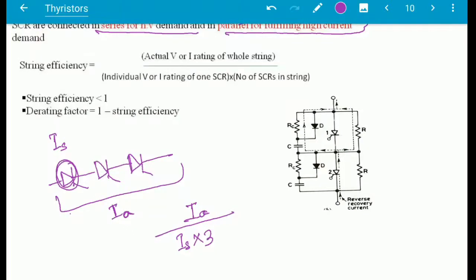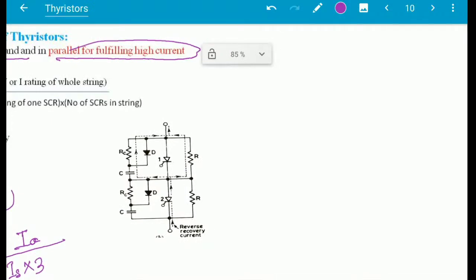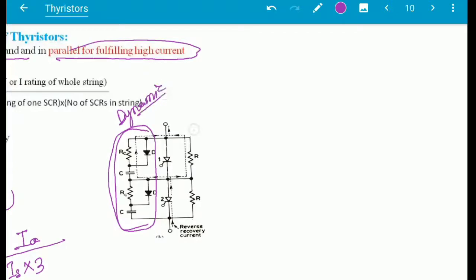And if we talk more about this one, during transient conditions, static equalizing circuits are not sufficient. Here this one is called the equalizing circuit to maintain constant voltage across the thyristors, and this one is the dynamic equalizing circuit, and the equal resistances are called the static equalizing circuit.